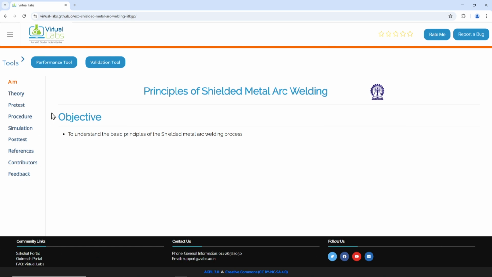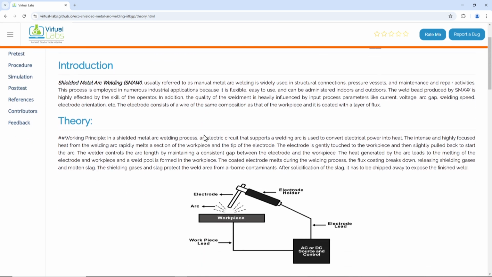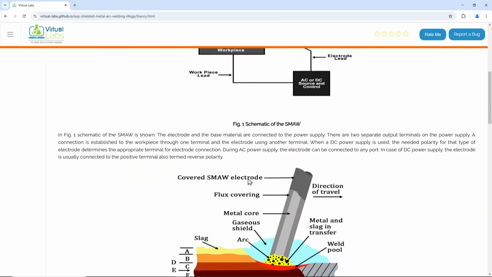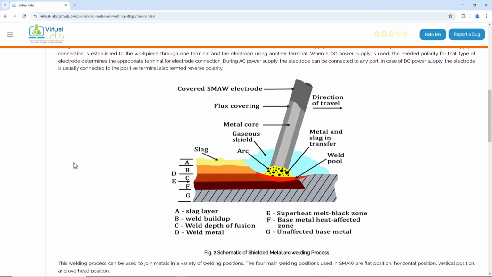This is the generic page for virtual laboratory that you have seen in the previous lectures as well. So the aim is to understand the basic principles of the shielded metal arc welding process. The theory regarding shielded metal arc welding that we have discussed is again represented here. So what is SMAW, the flux covering and all the layers of the weld zone are presented here.